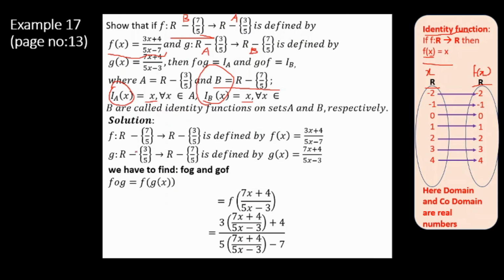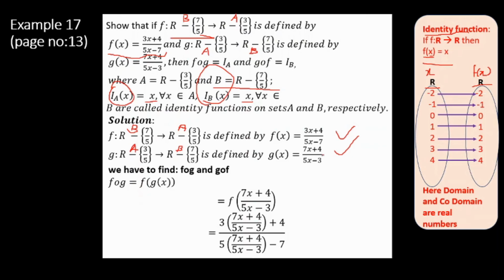Okay, let's see how it is working. Solution: you write all the given. If you want, instead of this, you can write B to A, and in the other case A to B. It's up to you, you can make it as per your convenience, no problem.